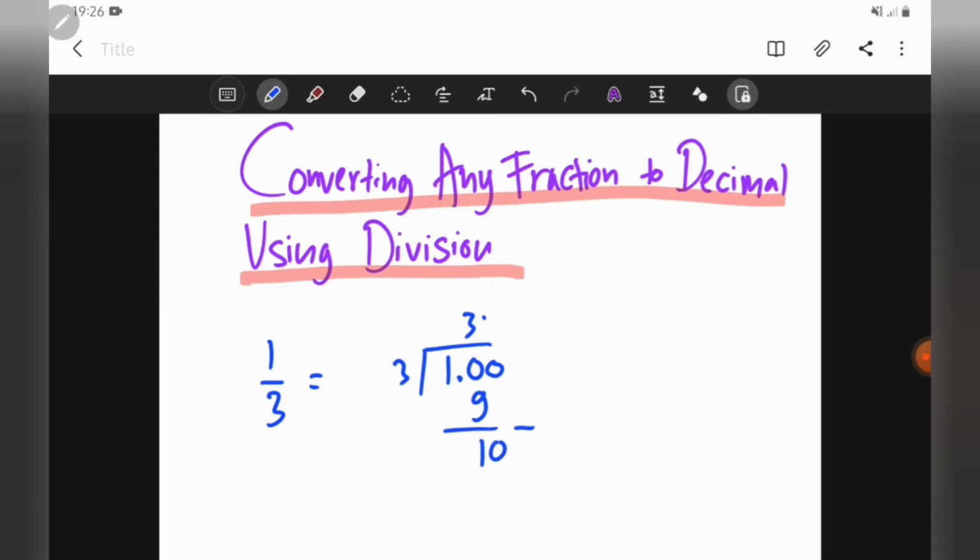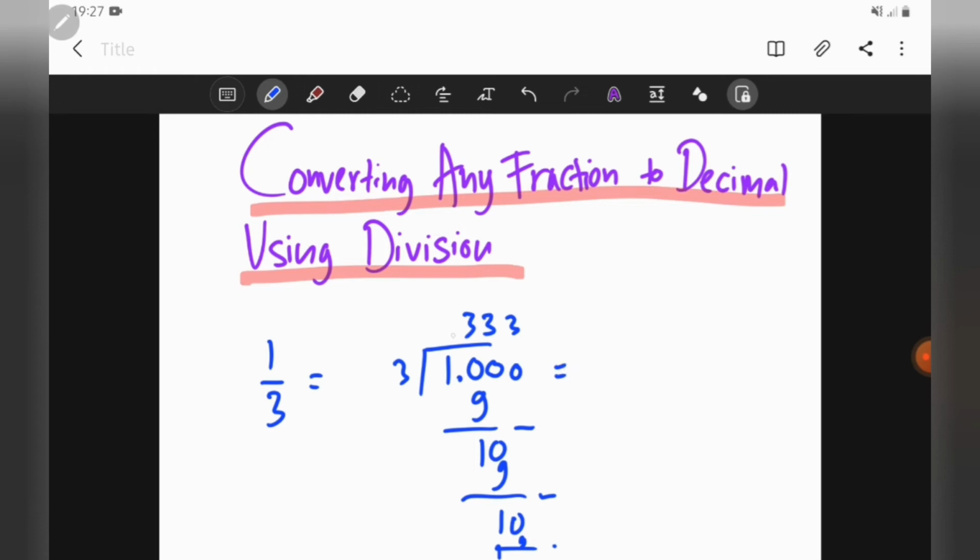And once again, the closest one is 3 times 3 equals 9, and it turns out the remainder is 1 again. And we add another 0 here and we will make 3 times 3 again. And wait a minute, I think we'll just do this forever. That's why for this kind of fraction, we can just stop at some point.